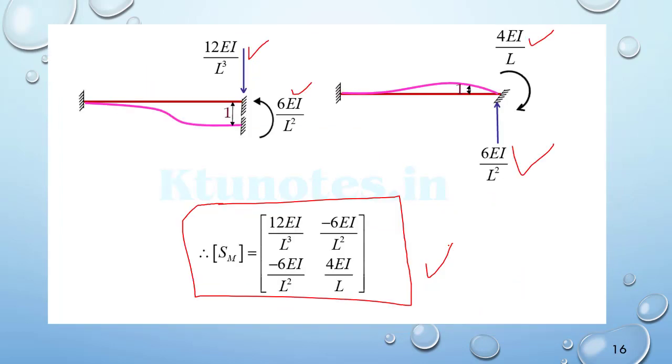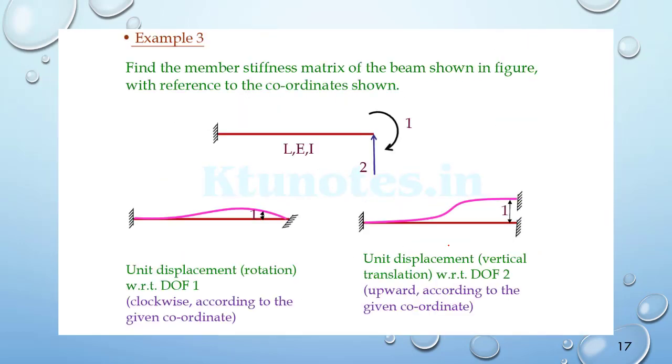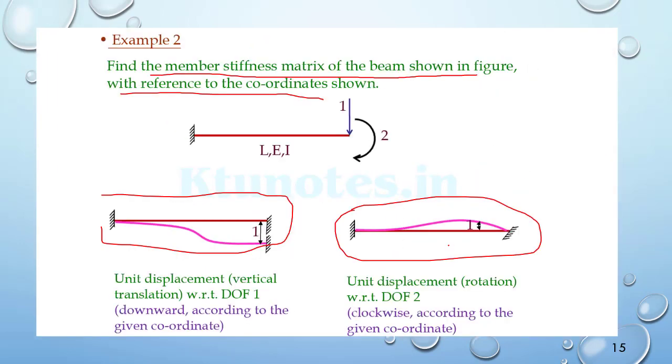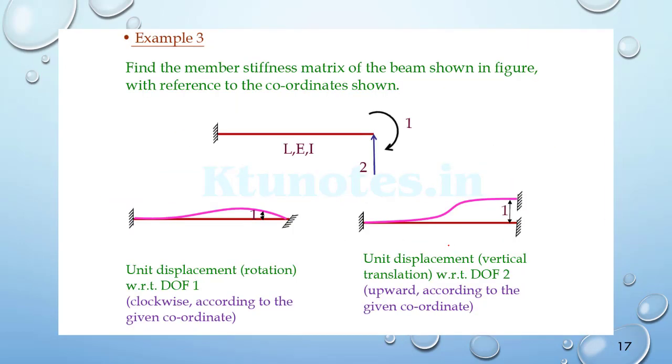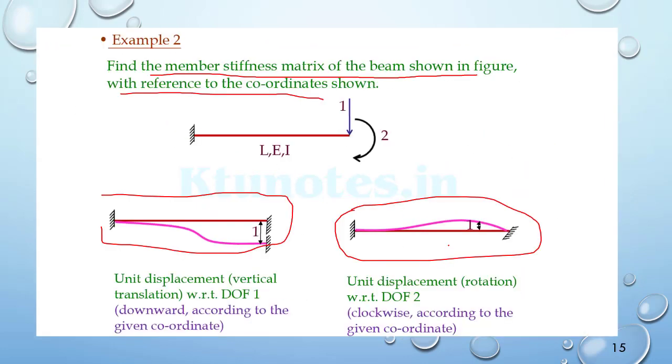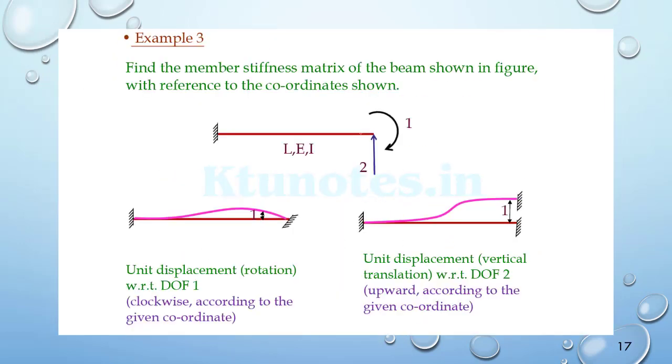Then the next example, where the difference is only with respect to the coordinates. For the previous question, 1 was a vertical force and 2 was a moment. But here, 1 is a rotation and the second is taken as the second coordinate.